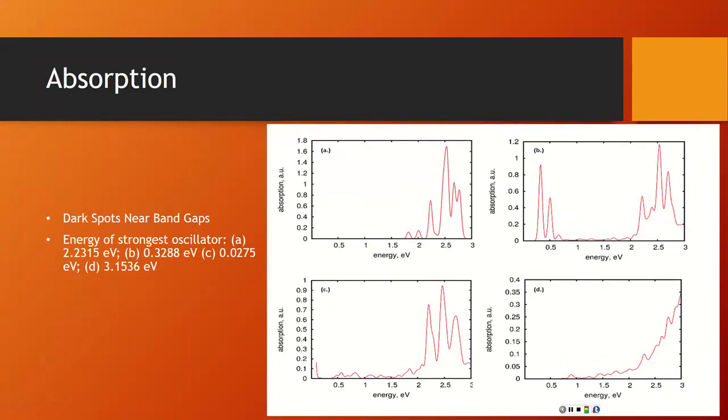And here I have the absorption spectra. These seem to agree well with the density of states that I just showed you. There's no transitions at energies where transitions would be forbidden due to the band gap, and peaks correspond to what appear to be permissible transitions, also from the density of states.